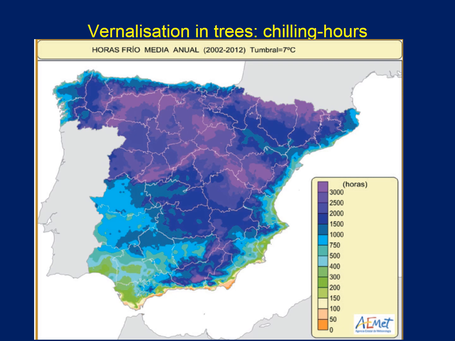So on most areas of the Iberian Peninsula there will be no problems for chilling any year. But in the warmest areas, in the south and in the coast, we might have chilling problems, lack of chilling hours during specific years.